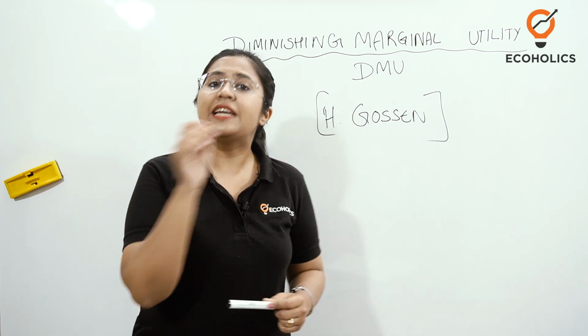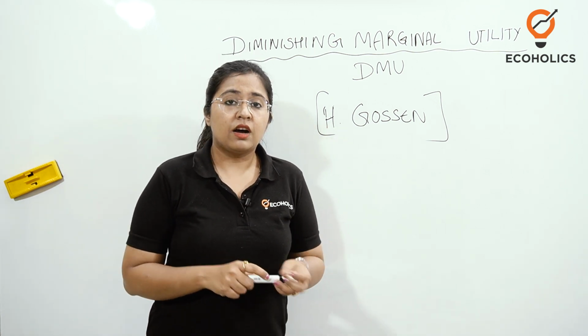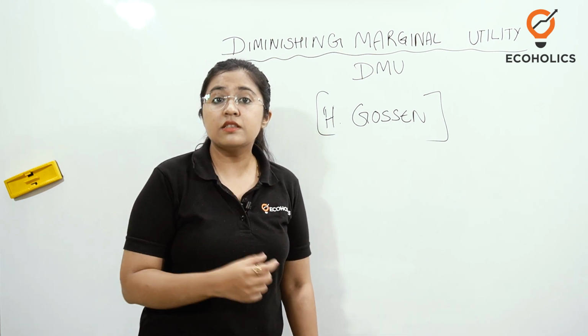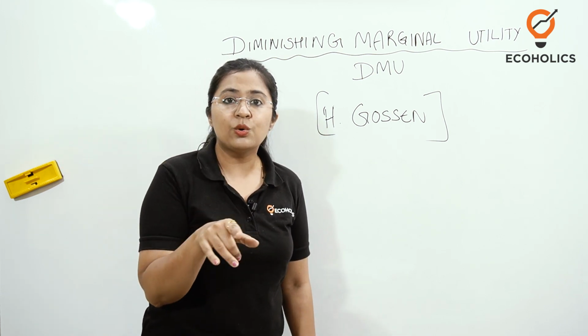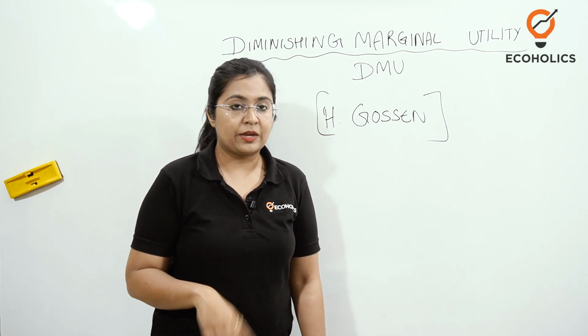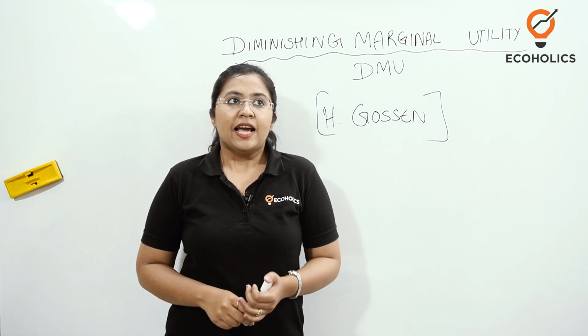However, he did not name this concept DMU. Stanley Jevons, another economist, named this concept Gossen's first law. So DMU is also stated as Gossen's first law. Many of the competitive exams put this question.